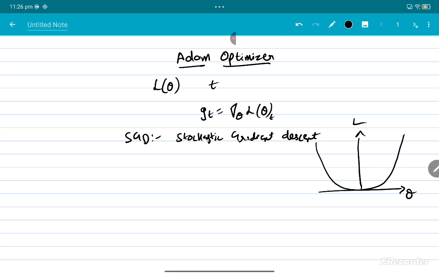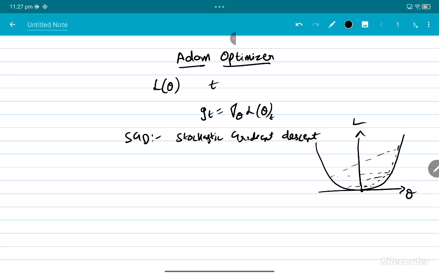All the parameters are updated with the same step size, and generally it reacts to the noisy signal. So the loss does not decrease uniformly to get the optimal value of theta, but instead, due to some noise in the data, it follows a path something like this.